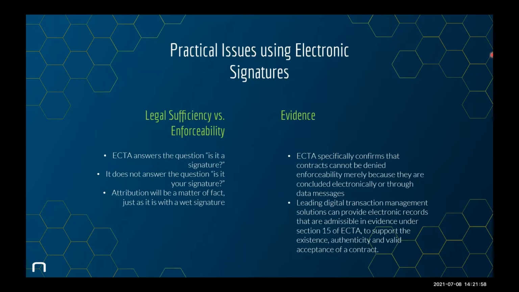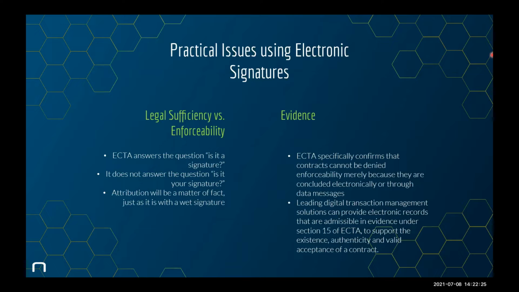Okay. Now, first of all, we look at the legal sufficiency versus enforceability. The ECT Act answers the question, is it a signature? It does not answer the question, is it your signature? So attribution will be a matter of fact, just as it is with a wet signature.